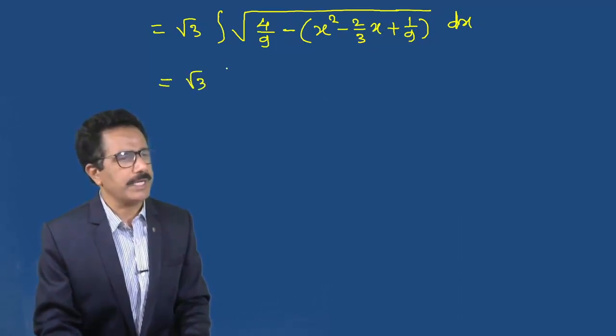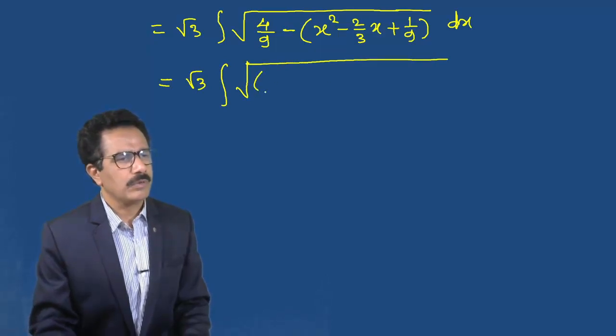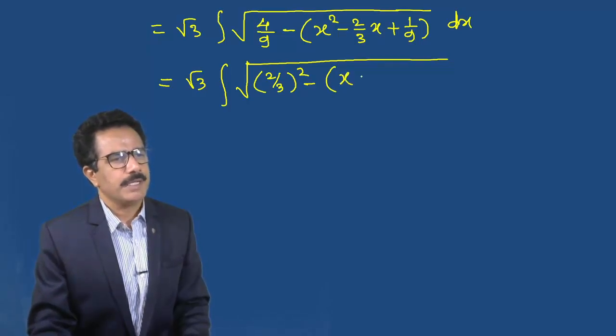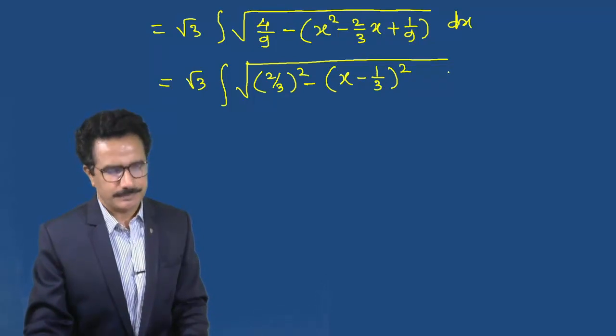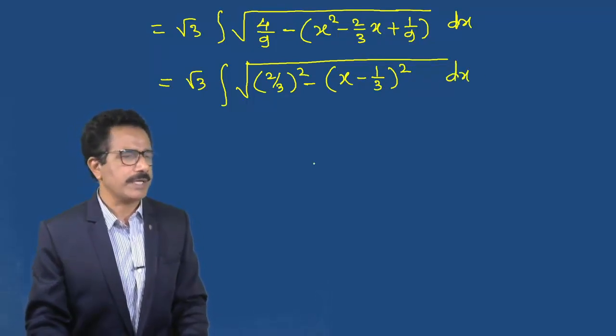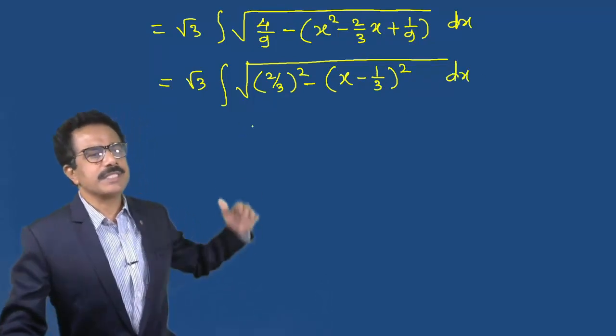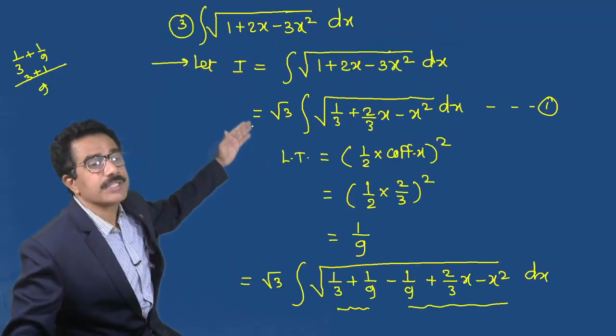So root 3 integration of root of 2 by 3 bracket square minus x minus 1 by 3 bracket square dx. Now this is the standard formula for a square minus x square.